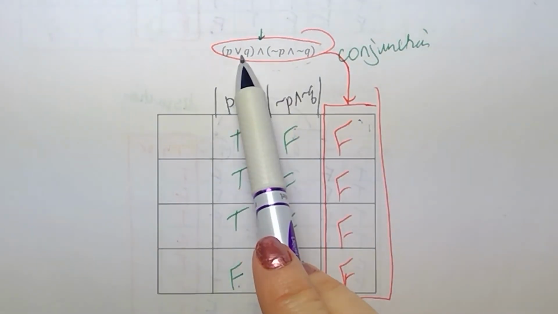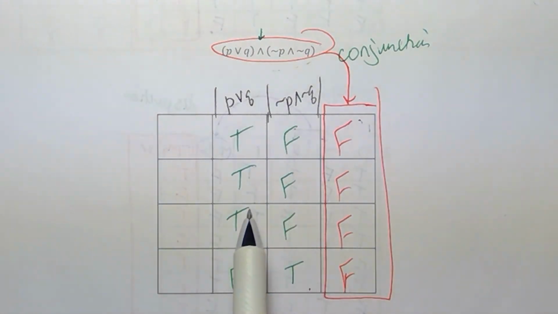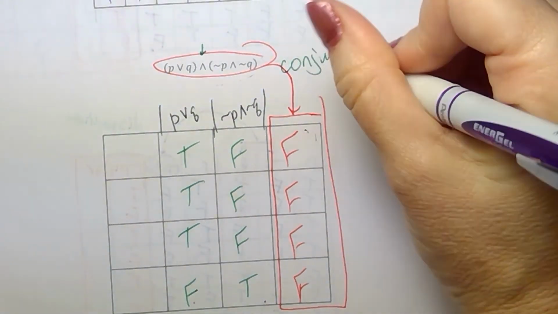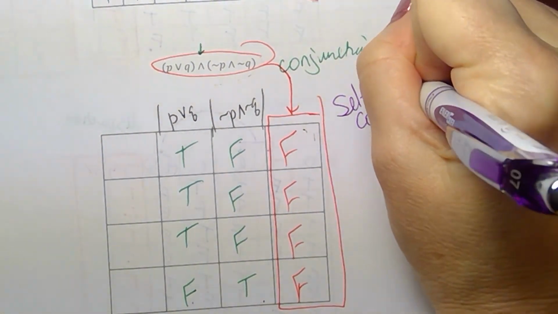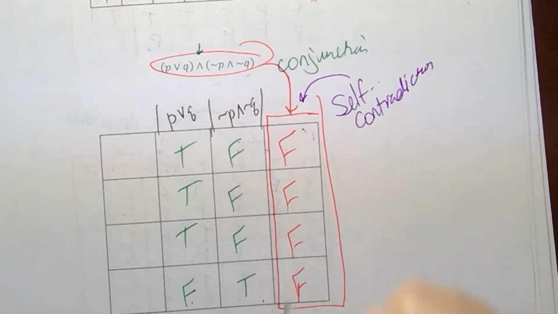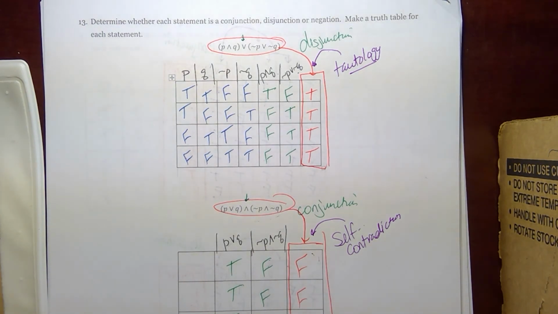Then I have a conjunction. The conjunction is only true if both of the statements are true, and I don't have any case where both of the statements are true. So this is a self-contradiction because all cases are false. And that's my answer to number 14, where I have labeled the first truth table as a tautology and that second truth table as a self-contradiction.